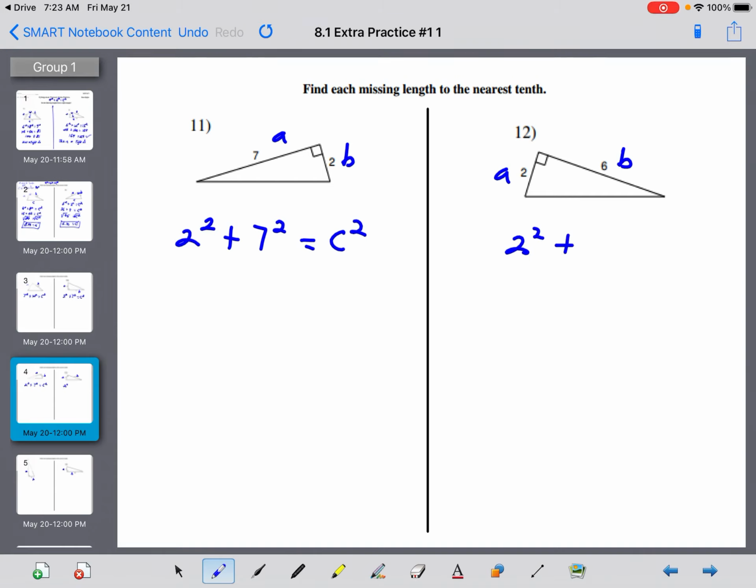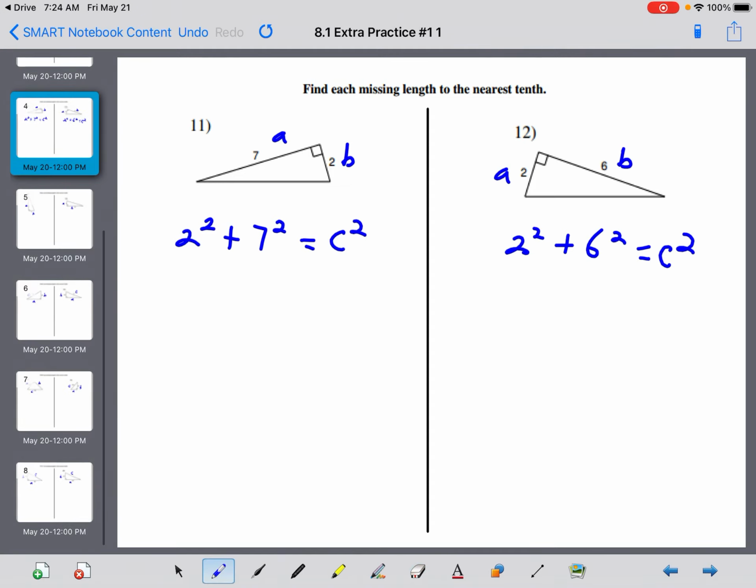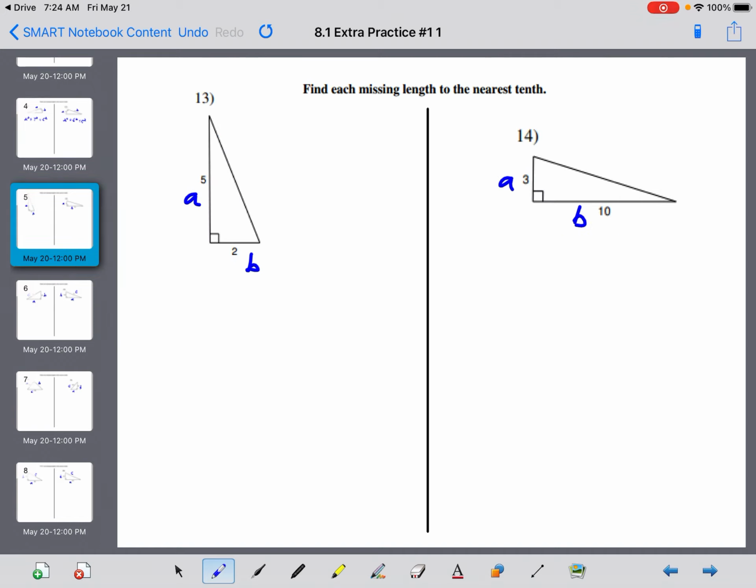And again, 2 squared plus 6 squared equals C squared. This one we have 5 squared plus 2 squared equals C squared. 3 squared plus 10 squared equals C squared.